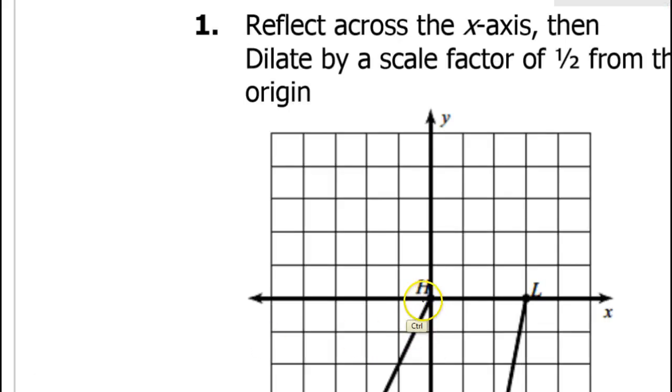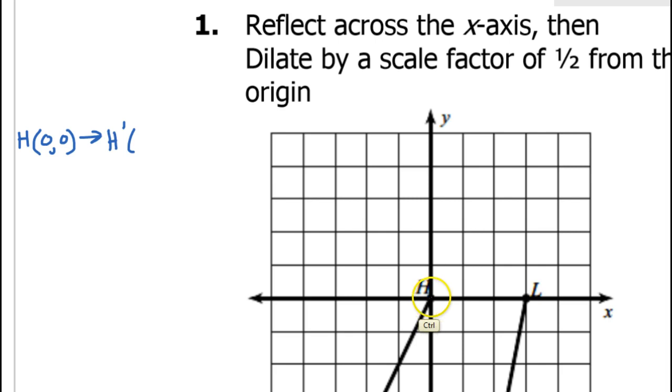All right, let's start with point H. So we need to write down point H, which is the point (0, 0). And what's going to happen to that? If we reflect across the x-axis, this is H prime.